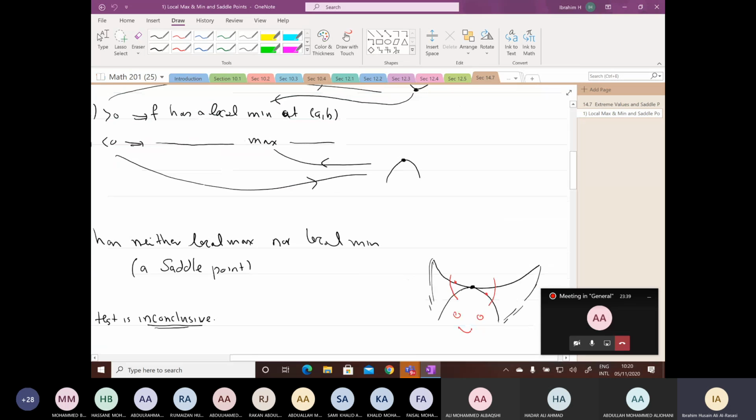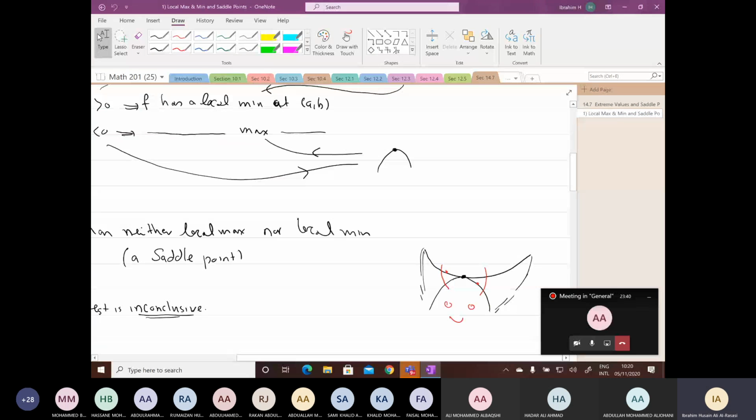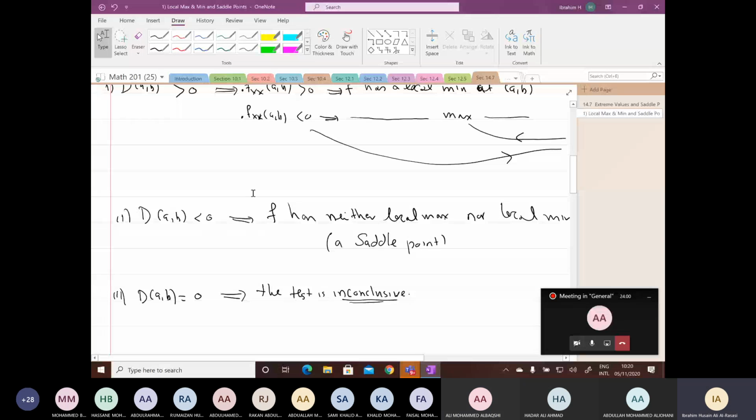At the saddle of the horse, this point is like this. It is neither local maximum nor local minimum. So you have a test. You just need to apply the test and that's it.